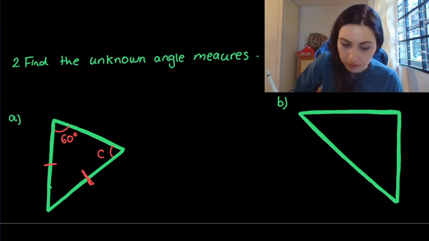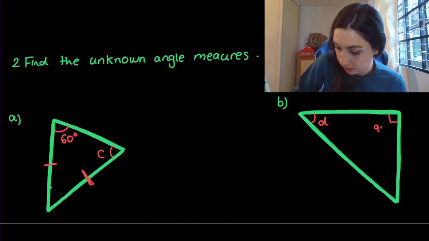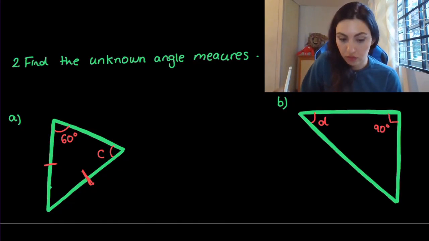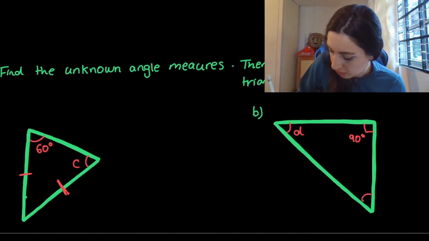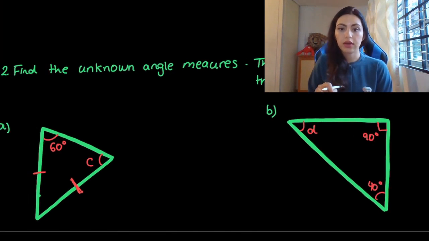And then part B, this is angle D. This means 90 degrees, as we have to know that. This one is 40 degrees. So find the unknown angles and then decide which one is the equilateral triangle.